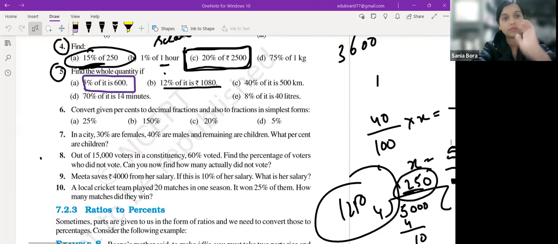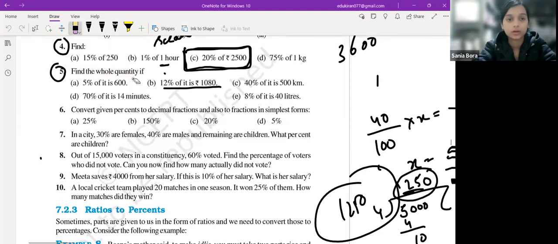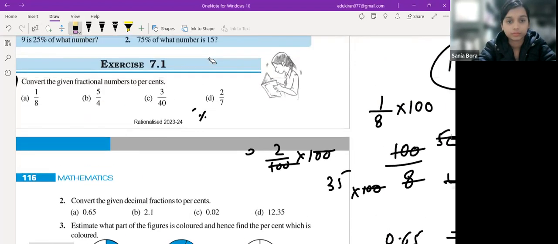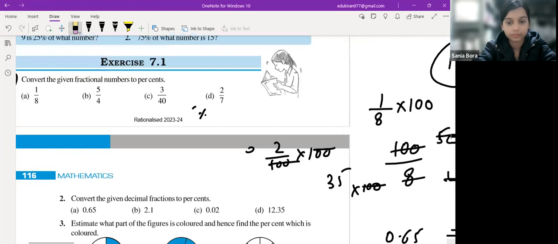Tell me what I gave for the homework. Ma'am, from exercise 8.2, you gave 7, 8, 9, 10.